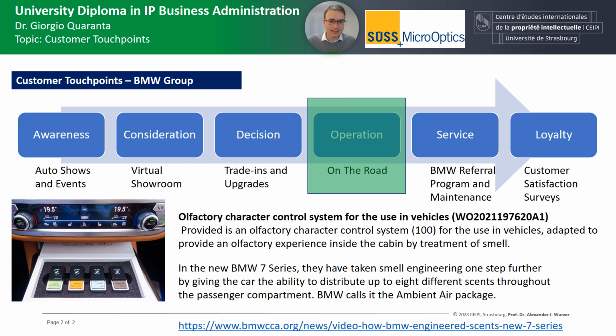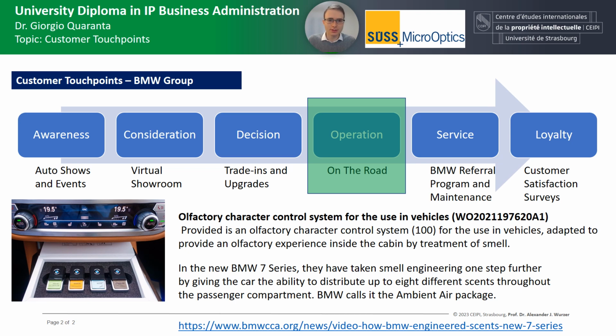Another example is the so-called ambient air package that BMW is offering on the 7 Series, which is a set of small packages, each of which includes a specific smell. You can load this cartridge in your BMW 7 Series and customize the scents inside your car.